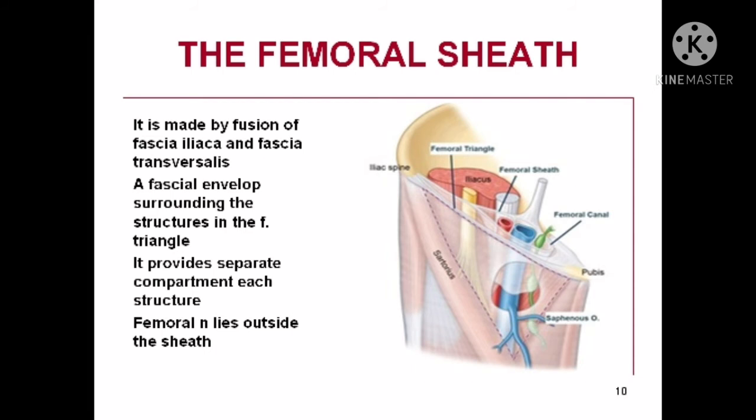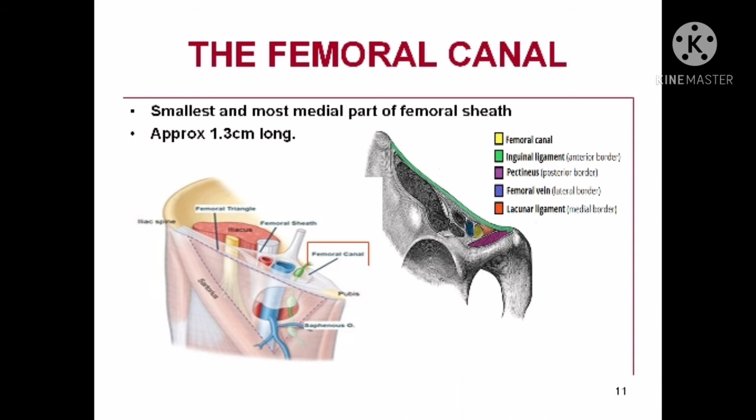The femoral nerve lies outside the sheath. The femoral vein has a somewhat larger compartment in order to dilate easily. The femoral canal is the smallest and most medial part of the femoral sheath, approximately 1.3 cm long.